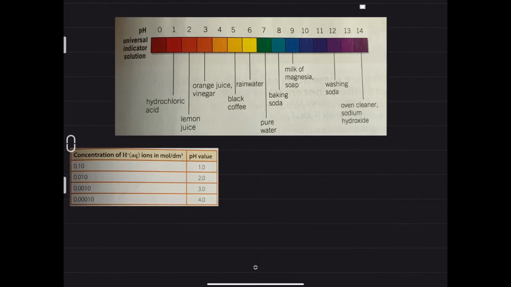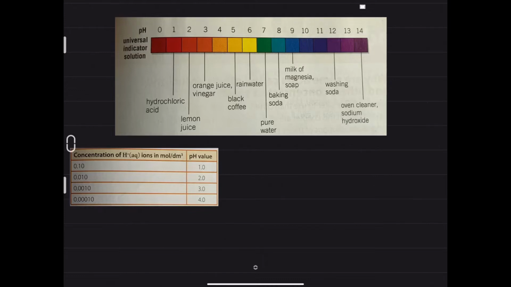So what you should find is that as you decrease the concentration of H plus ions by a factor of 10, you increase the pH by 1 unit, by a value of 1.